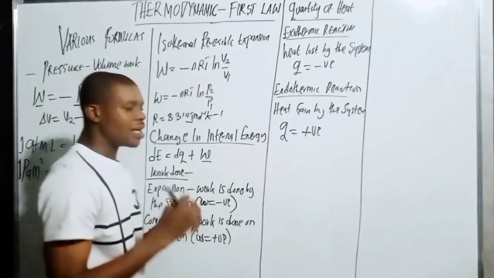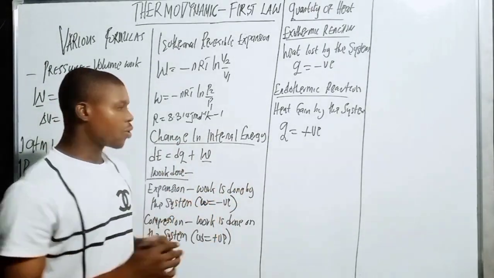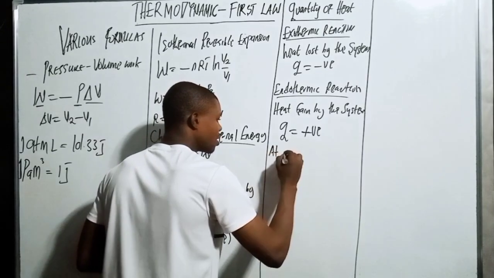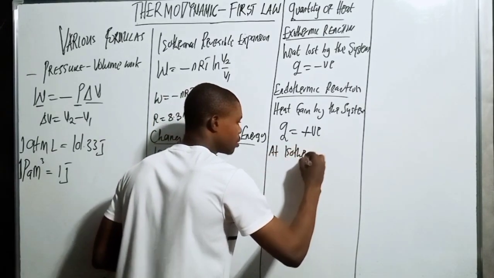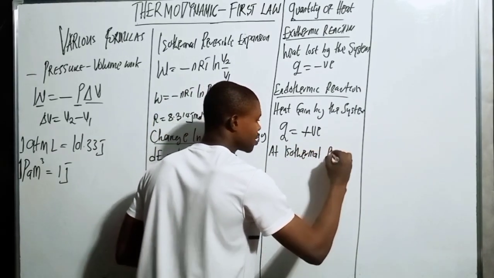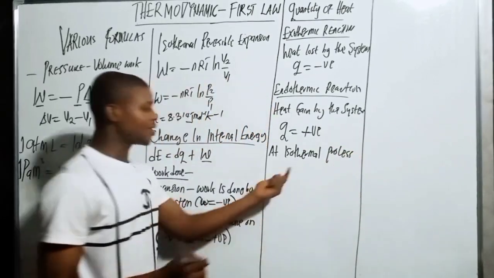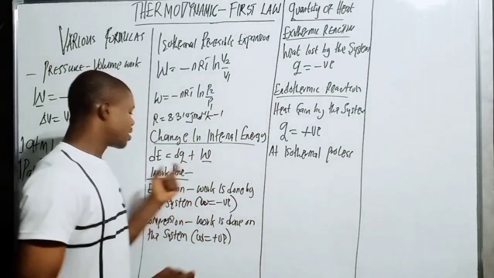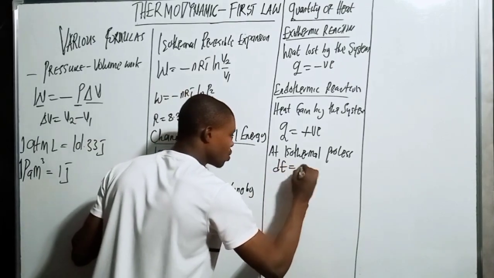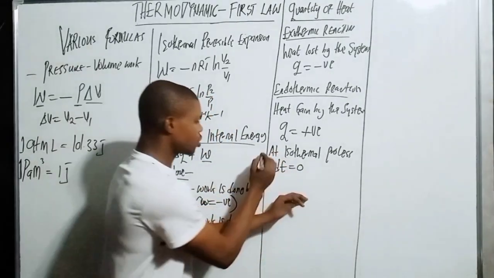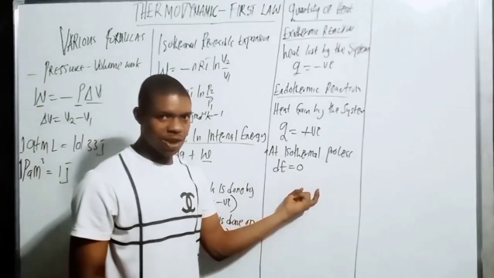Another thing you want to take note of is that we have different processes. We talk about the isothermal process. Now, ΔE is equal to 0. Please pay attention to this and copy it down. It's very important.